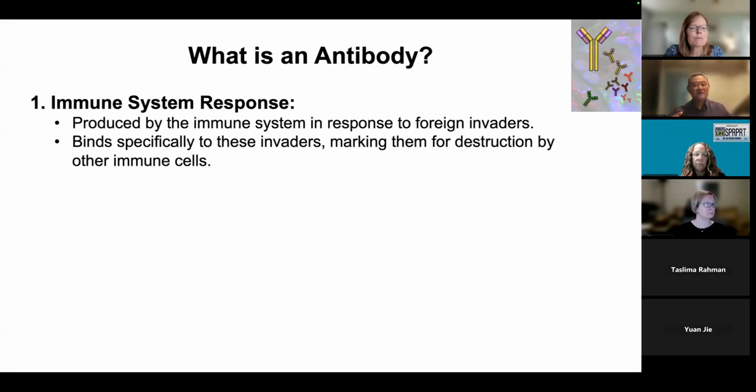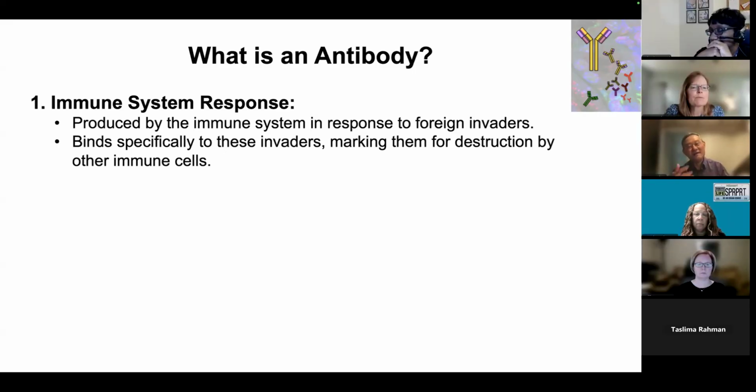They work together. The antibody is really a sentinel. Once the enemy comes, they make the antibody protein and it binds to the enemy, telling other parts of the immune system to be mobilized to fight against the invader. This is how it usually works.